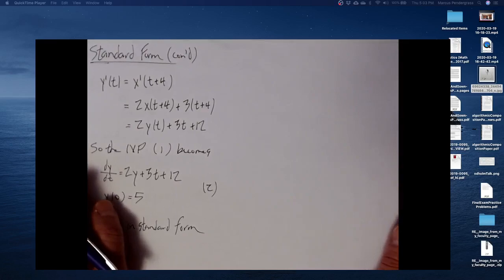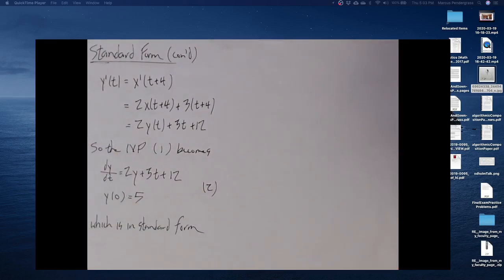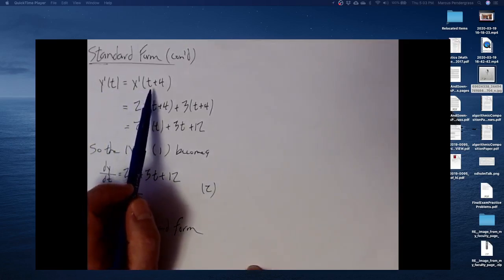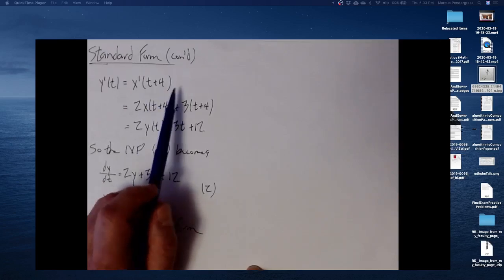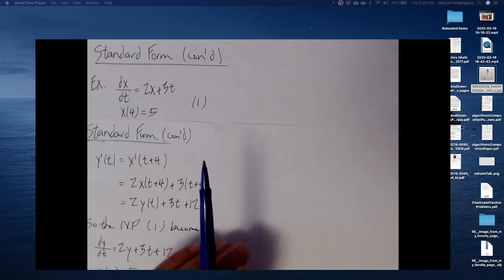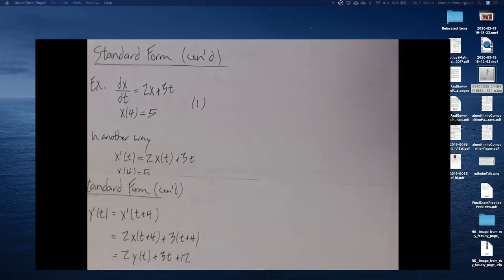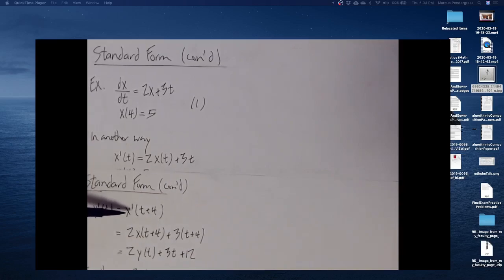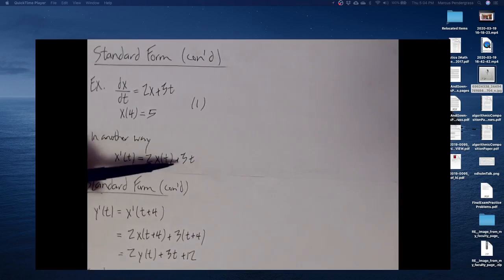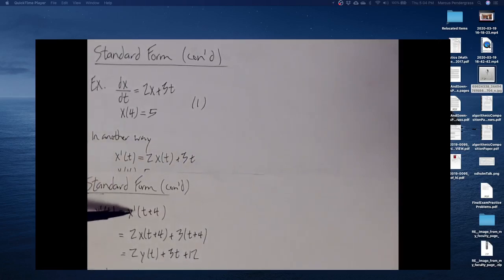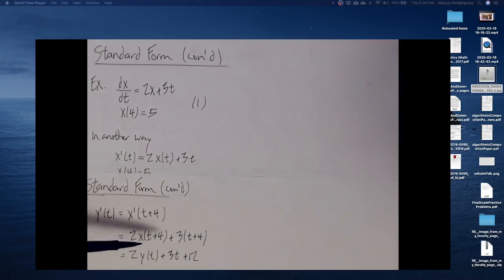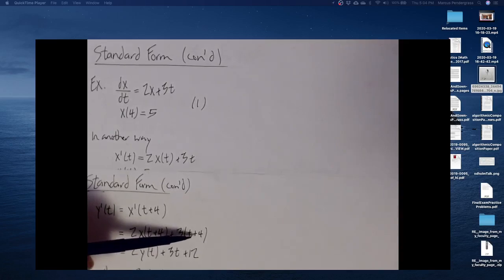You can work it out using a little calculus. Look at y prime. If y of t was x of t plus 4, then y prime of t is x prime of t plus 4 times 1 by the chain rule, but that doesn't change anything. Then go back and use the initial value problem for x. x prime at any time is 2 times x at that same time plus 3 times that time. So x prime at t plus 4 would be 2 times x at t plus 4 plus 3 times t plus 4.